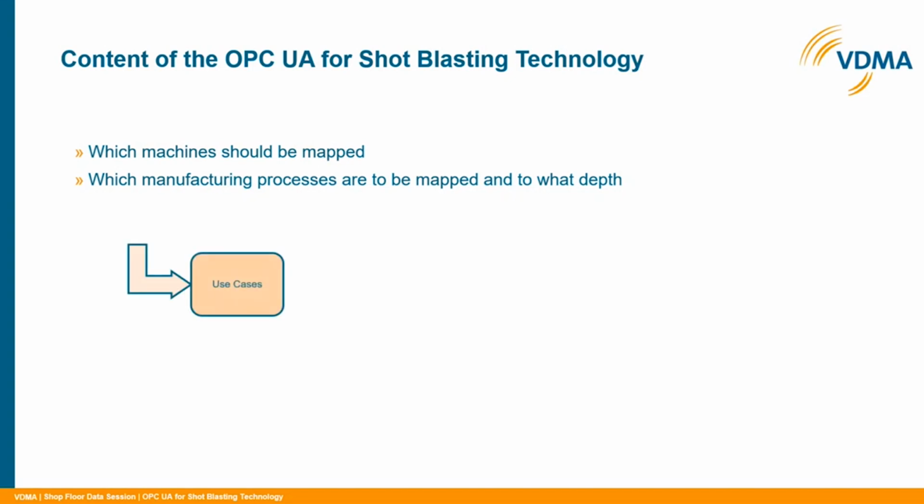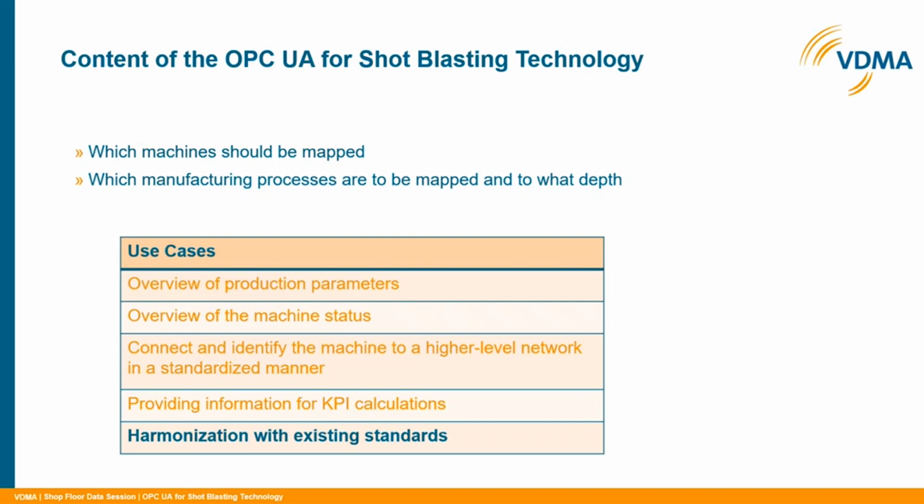If you then know which machines you want to design the companion specification for, then you can define some use cases that should be fulfilled by this information model. And in our example for the shot blasting technology, I brought a few use cases that we are mapping.